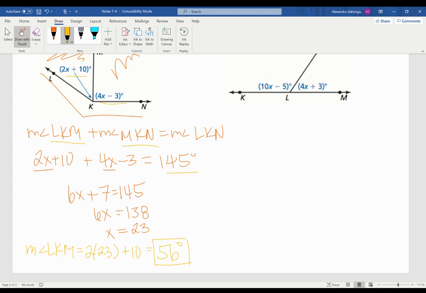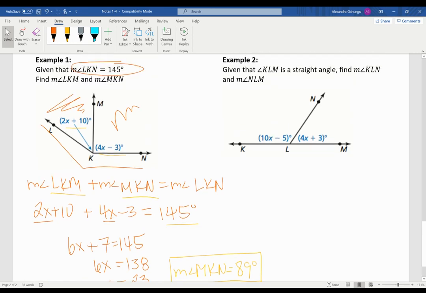I can just do 145 minus 56. And now the measure of MKN is going to be 89 degrees. There we go. So we've got those two pieces.